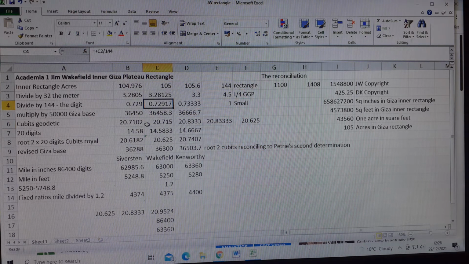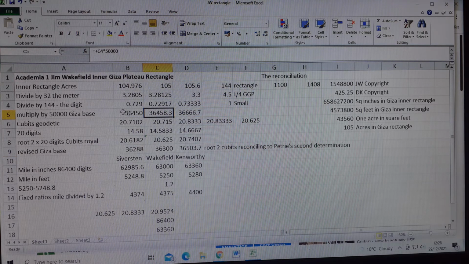When we multiply that by 20, we get 14.5833. Multiply that by 99 over 7, the other version of root 2 that Berryman tells us they were using, we get 20.625. And we get this revised Giza base of 363, less than that.